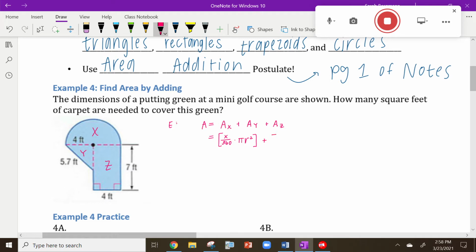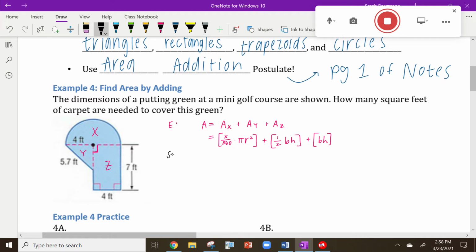Next, for the area of Y, Y is a triangle, so I can substitute in 1/2 base times height. Finally, for the area of Z, I know that Z is a rectangle because this would make a right angle. So I know that the formula is length times width, or base times height.